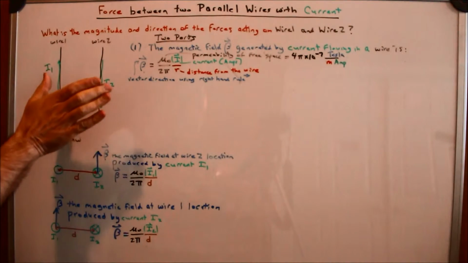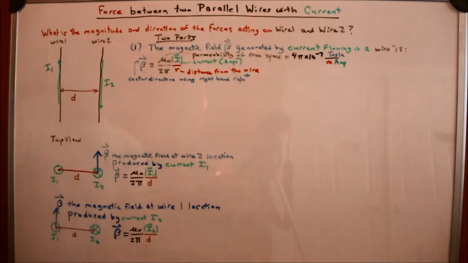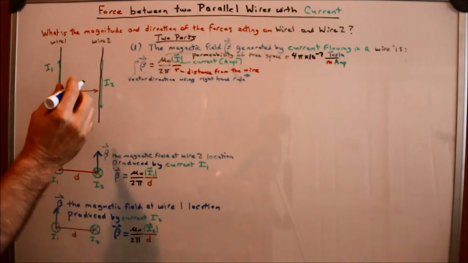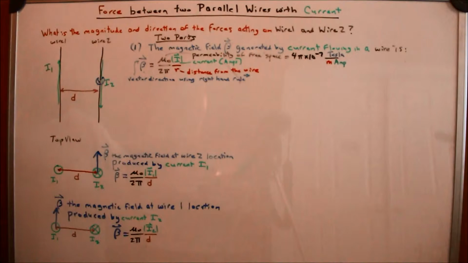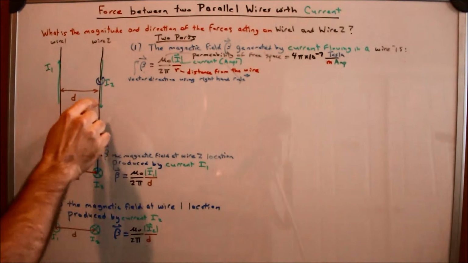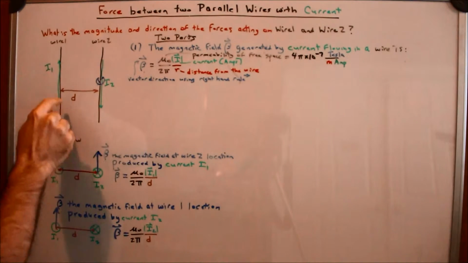So if I put my current there and I'm spinning, the magnetic field direction for B at that location is into the board. And from the top view, that looks like this. So it's into the board there. Okay, so now we know at the location of the second wire what the magnetic field is.